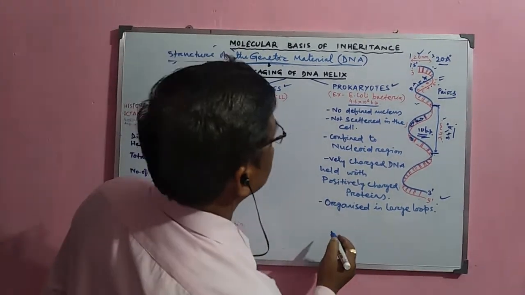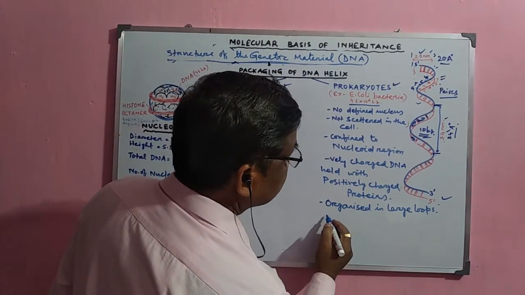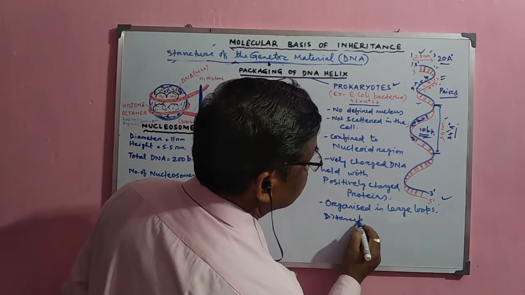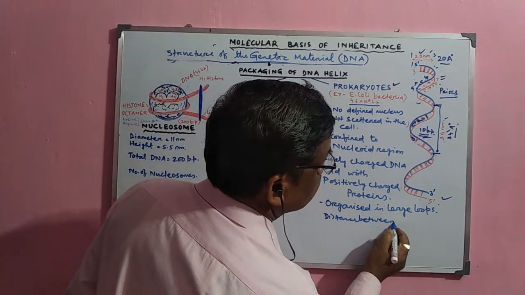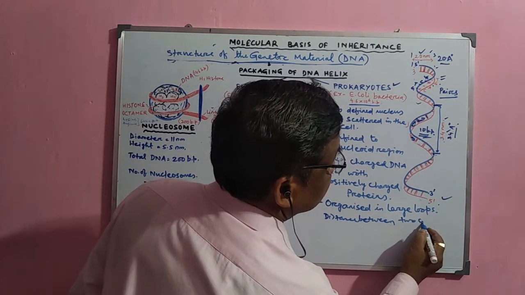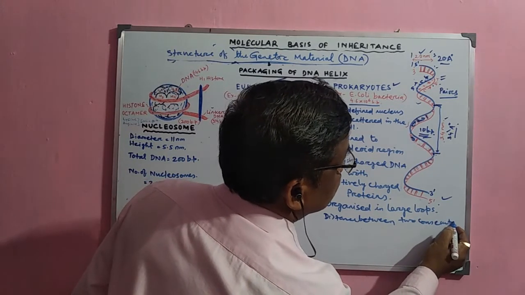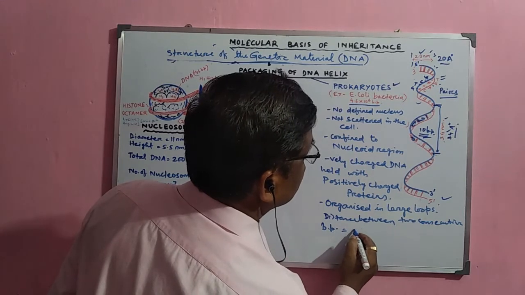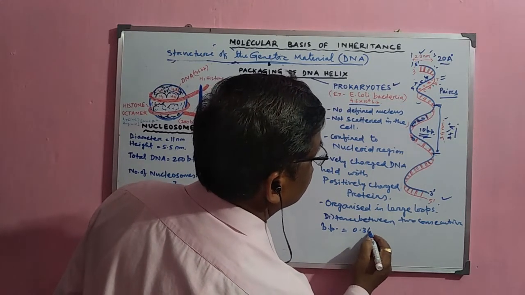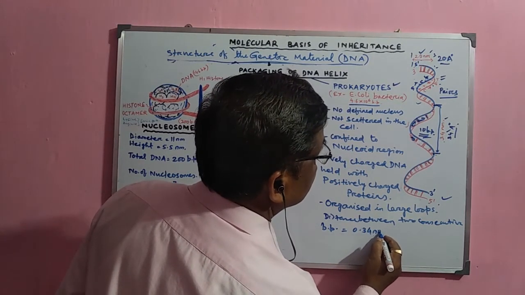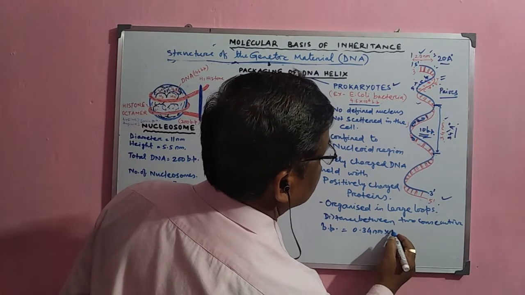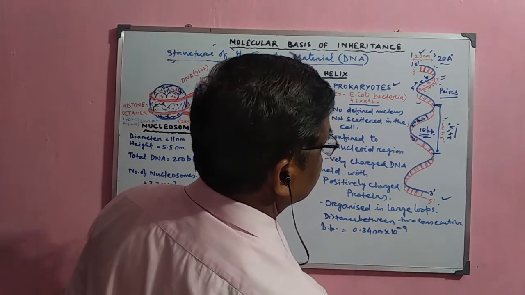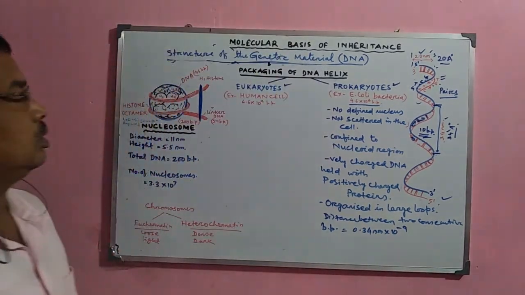Now, as we know, the distance between two consecutive base pairs is 0.34 nanometer, that is 0.34 into 10 to the power minus 9 meter.